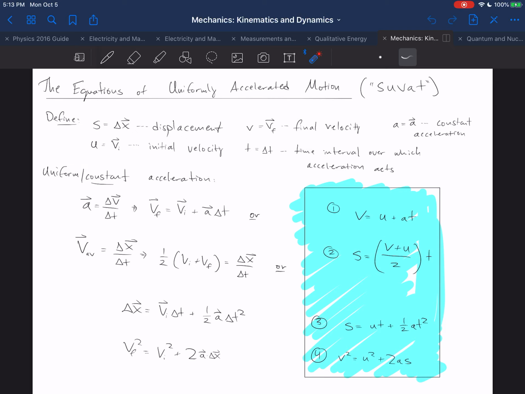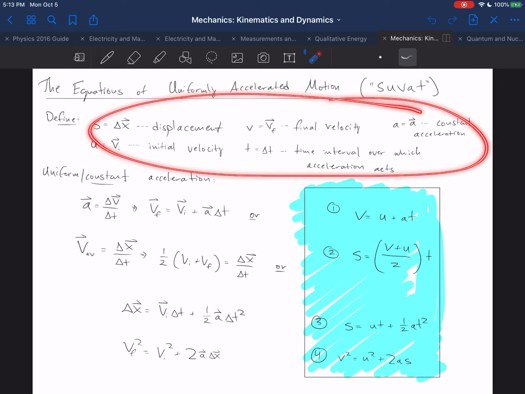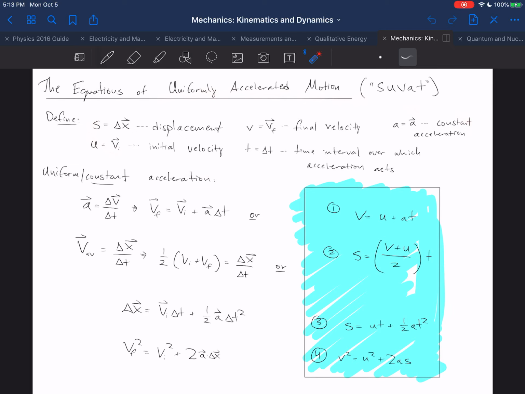Okay, so show how these equations can be derived and understood for uniformly accelerated motion. These equations all relate 4 of the following variables to one another. So all 4 equations relate 4 of these 5 variables: the displacement, the initial velocity, the final velocity, the acceleration itself, and the time interval over which the acceleration acts.